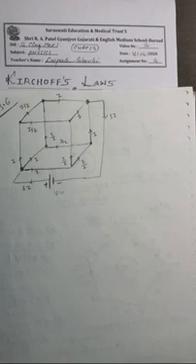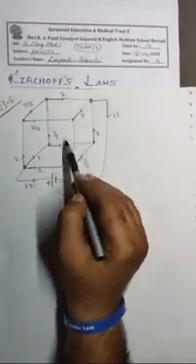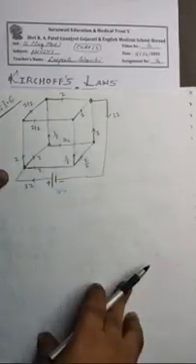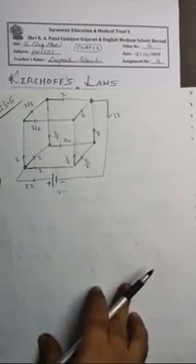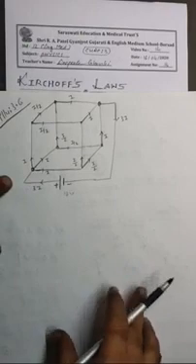Okay, what is asked in our question? What is the equivalent resistance of a network? Each wire having 1 ohm resistance. So you have to move in a loop, and for that we have to find equivalent resistance.